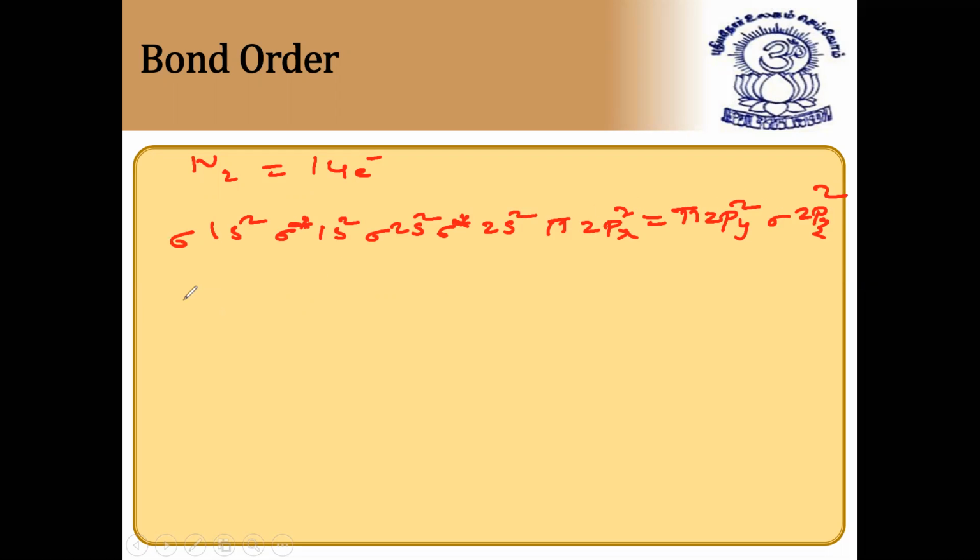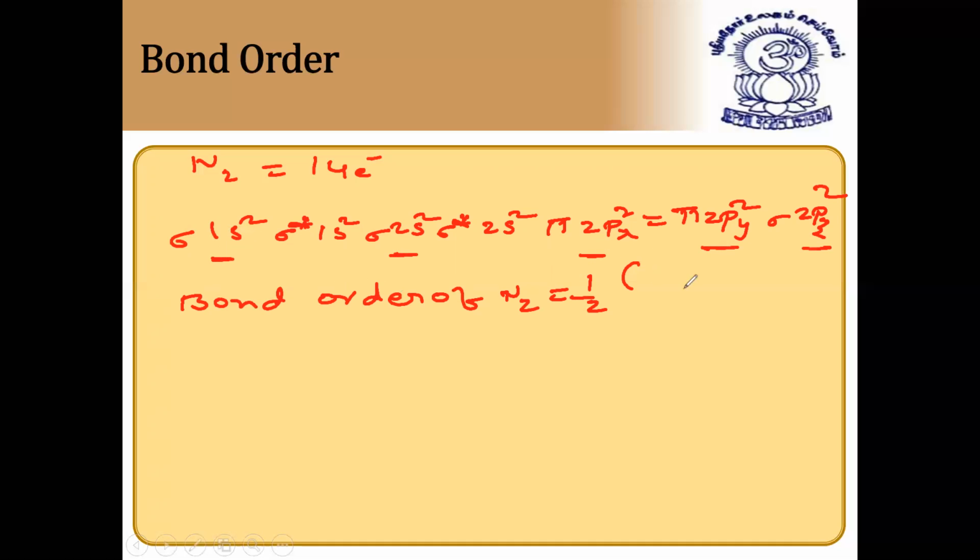Now, to find the bond order of the nitrogen molecule, it is equal to 1 by 2 into Nb, the number of electrons in bonding molecular orbitals. Only bonding I am underlining, see here: 2, 4, 6, 8, 10.